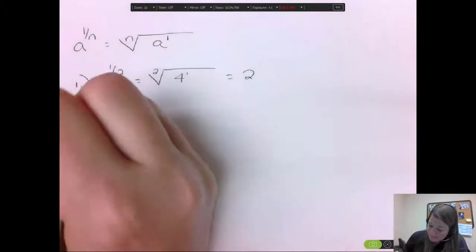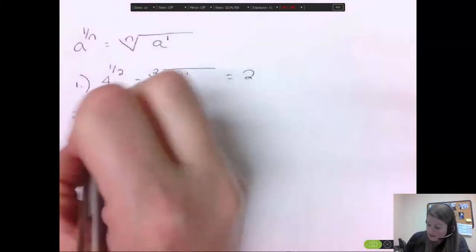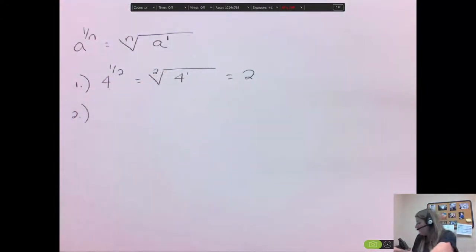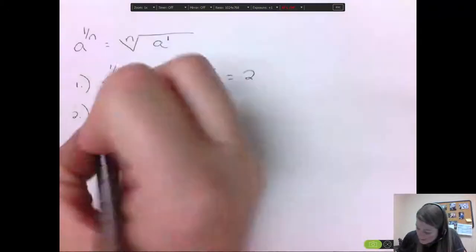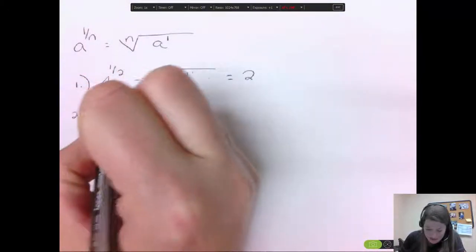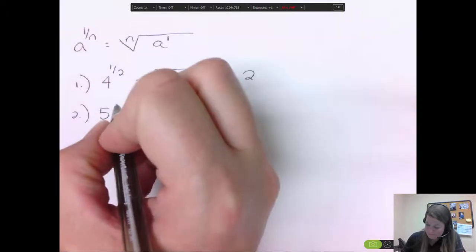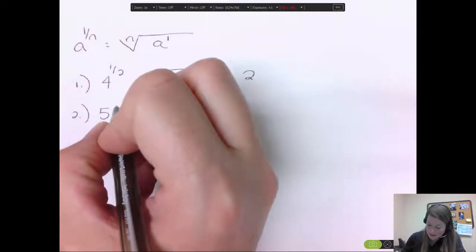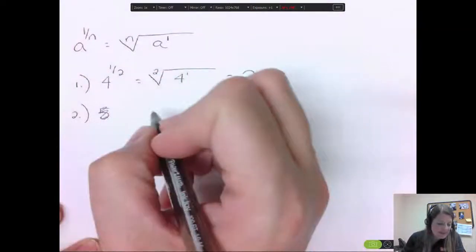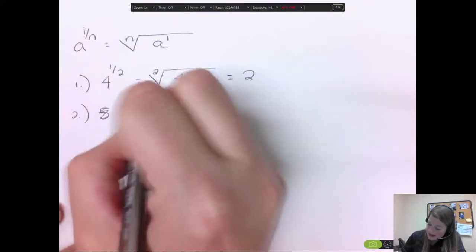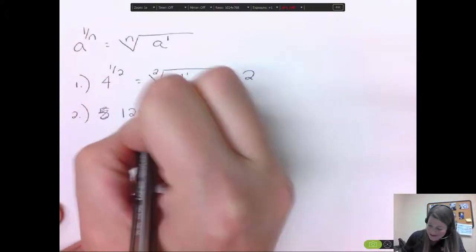And we could step it up a little, and let me do a harder one. I gotta cheat and use my calculator to do a little bit harder one. What if I did 125 to the 1/3 power?